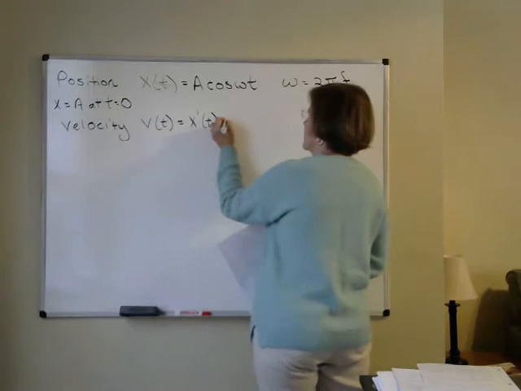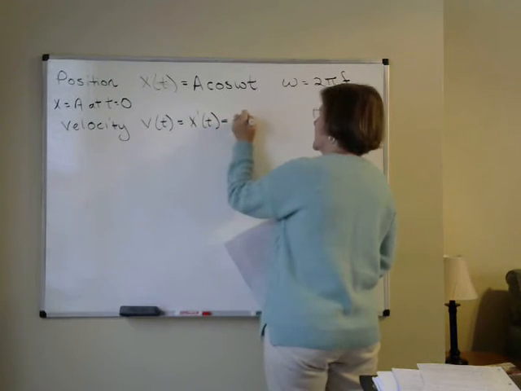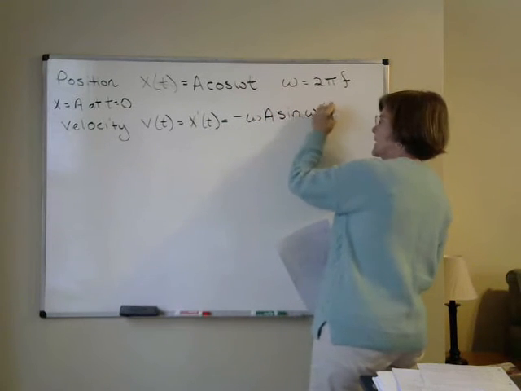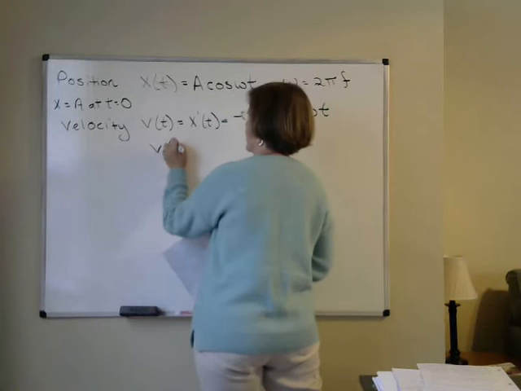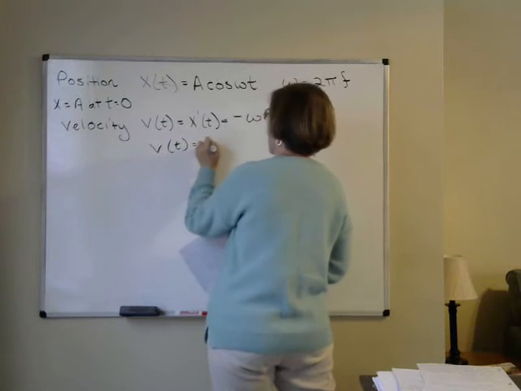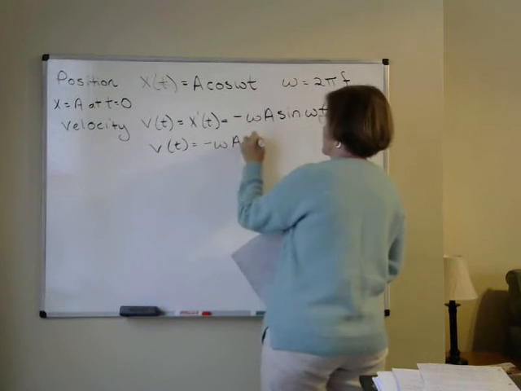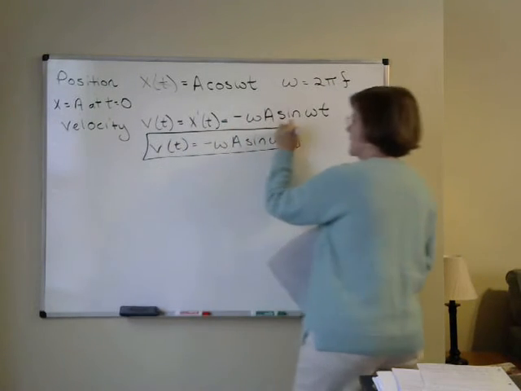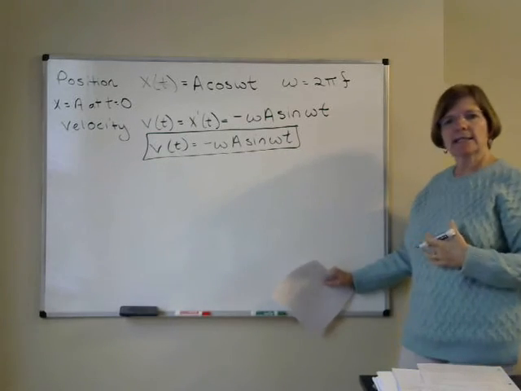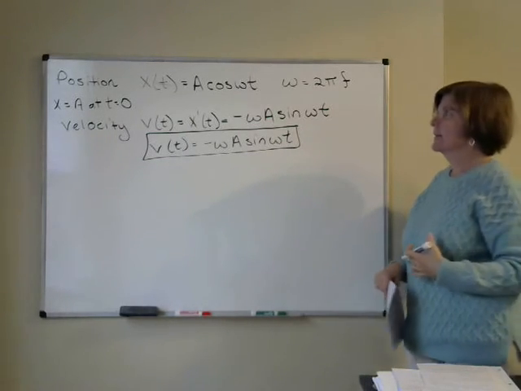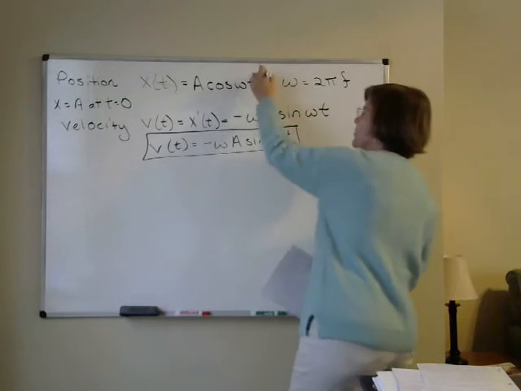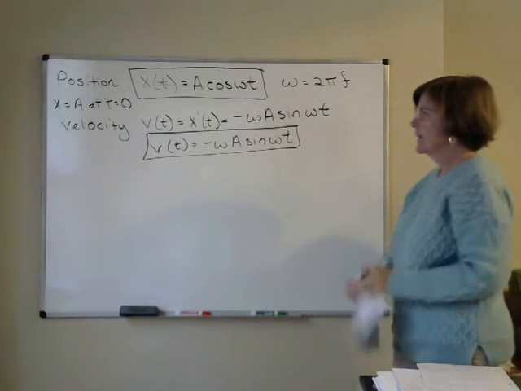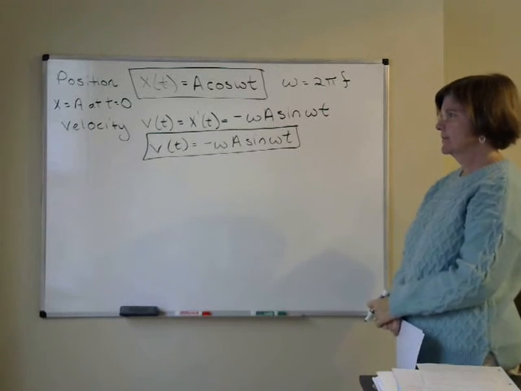So with our chain rule, this becomes negative omega A sine omega t, or v of t equals negative omega A sine omega t. Now, if the calculus didn't make any sense, that's fine. But those of you that are taking it, you know how to take a derivative of that function.